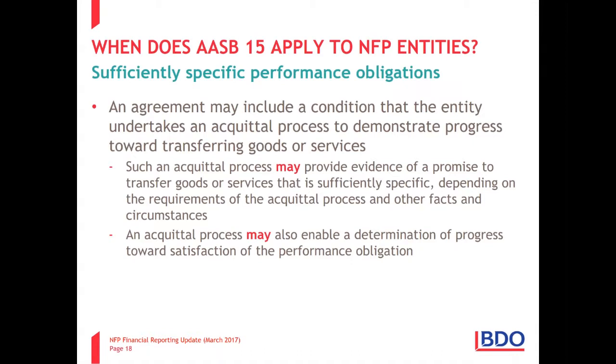So you have to do certain things, and we want to put an acquittal process in place to make sure that you do that. An acquittal process does not automatically lead to sufficiently specific performance obligations, but it could get you there. Such an acquittal process may provide the evidence depending on the other facts and circumstances.